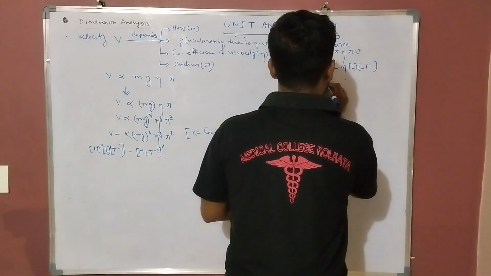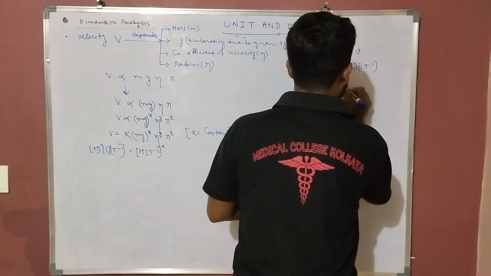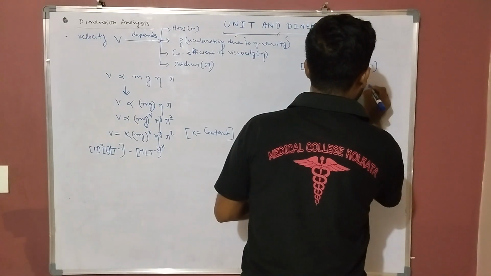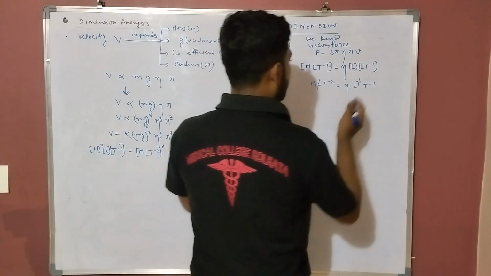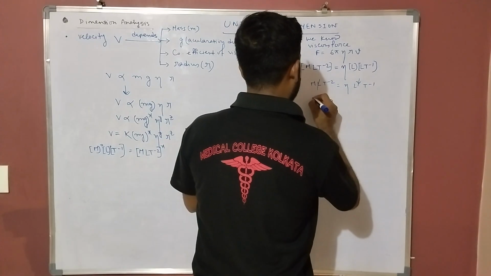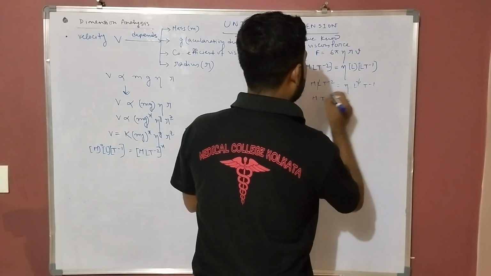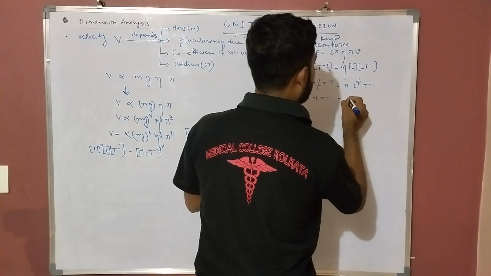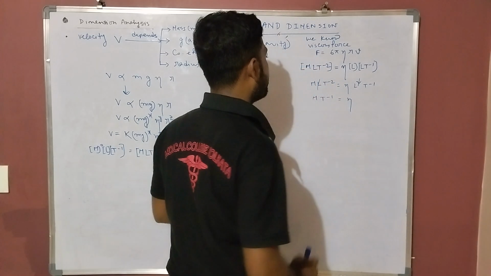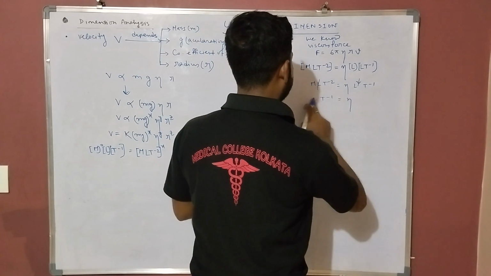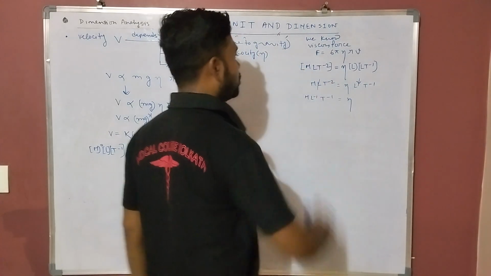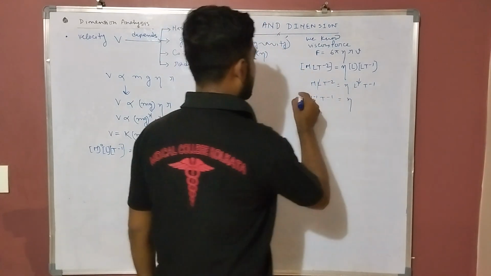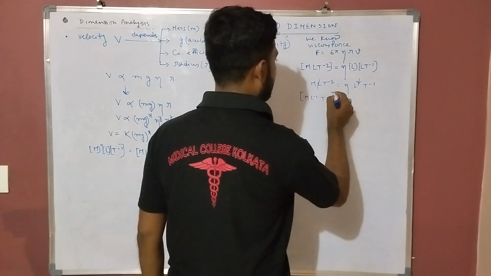So m L t to the power minus 2 is equal to eta L squared t to the power minus 1. One L cancels. So we can write eta is equal to m L to the power minus 1 t to the power minus 1. This is the dimension of eta.